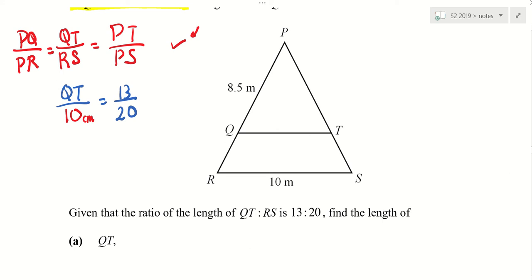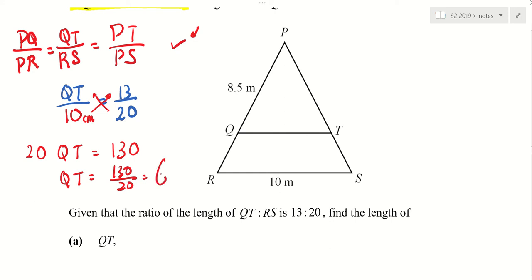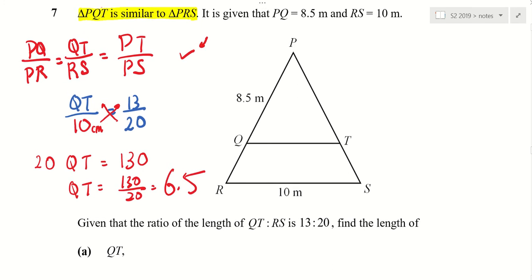If I want to find QT, I can cross multiply. The answer is 6.5.